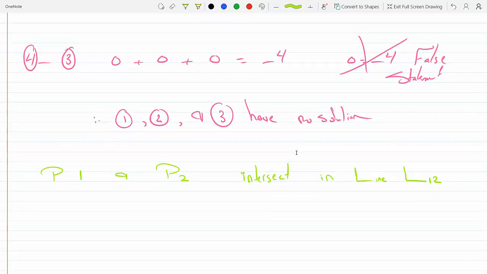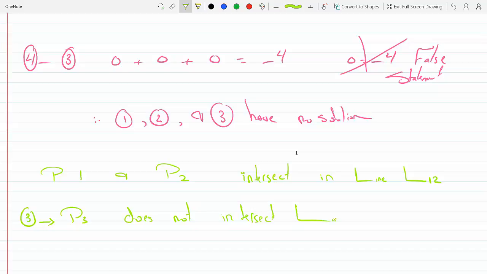So that means plane 3 does not intersect line L12. So plane 3, representing the third equation, representing equation number 3, does not intersect line L12.